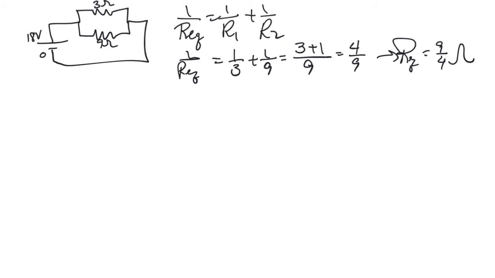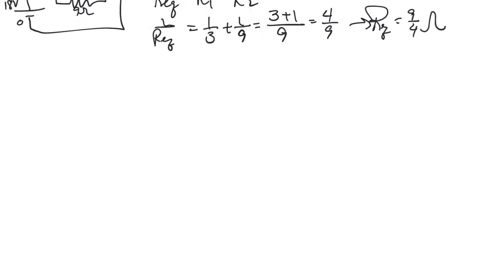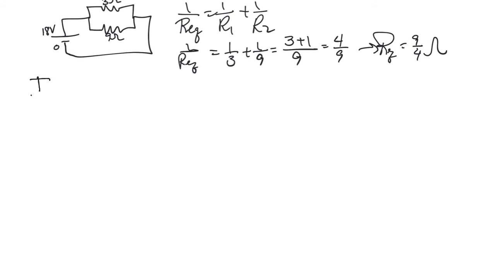Okay. FYI, when it's numbers like this with fractions, very often it's easier to leave it in fraction, like 9/4, because you're going to be multiplying it by other things, and a lot of times those factors show up and easily cancel. So what is the current that's going to get popped out of the battery?